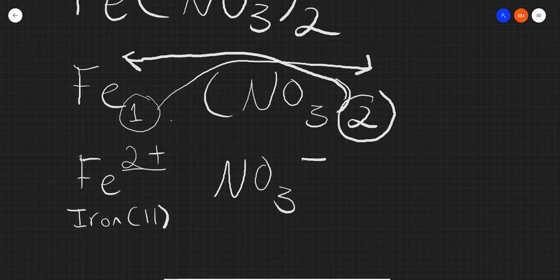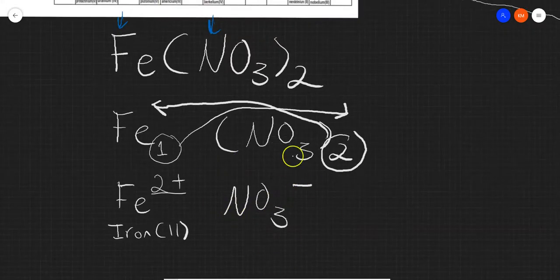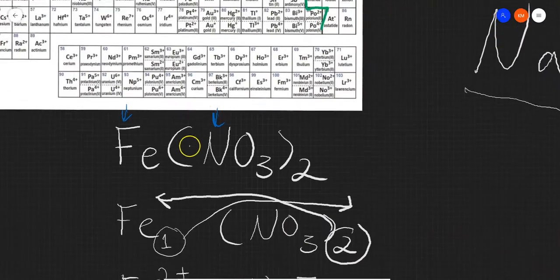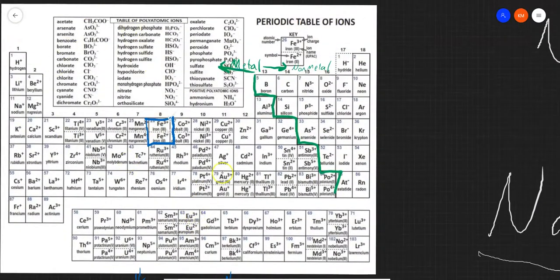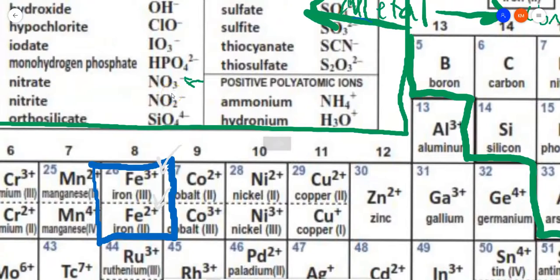And then NO3, let's go find that. Well, since it's made up of more than one atom, I know it's a polyatomic ion. And so I look for polyatomics up here in this box. So look, boom, NO3 1 minus is right there. And so that tells me its name is nitrate.